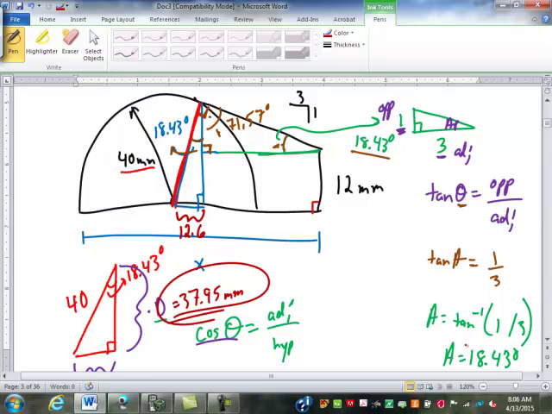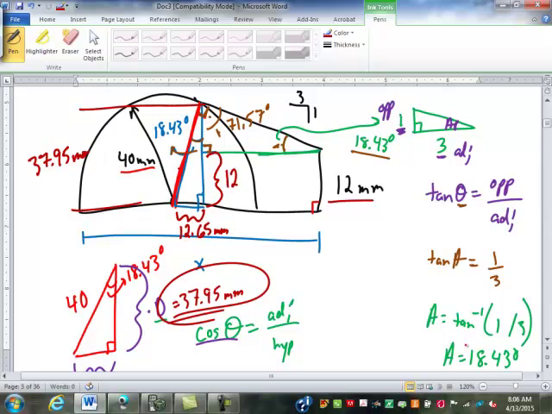Now technically right now that 12.65 doesn't do anything for us, but I found it because I know I'm going to need it in a few minutes. What's more important is that this dimension from here to here is 37.95. How does that help us? Well, because I know the dimension from here to here is how much? 12.